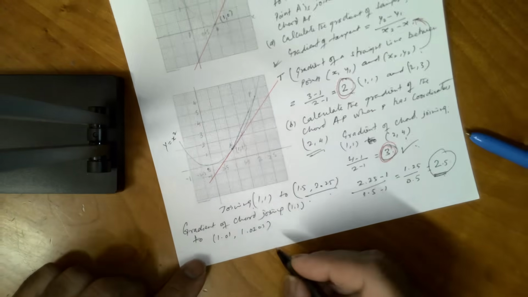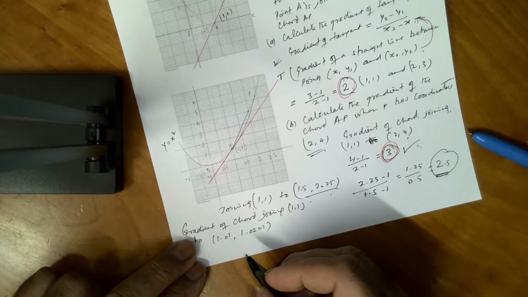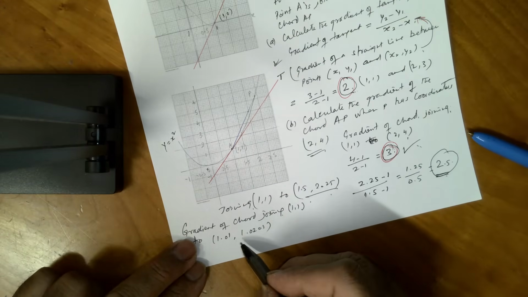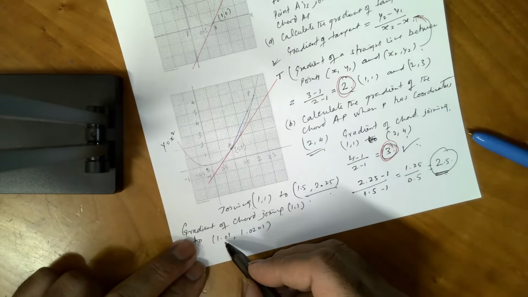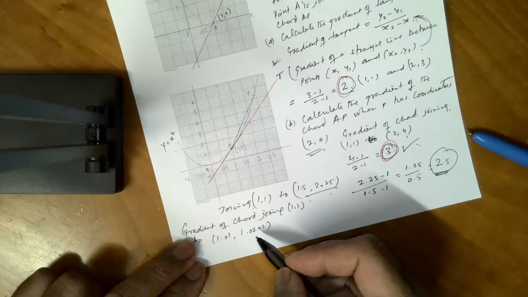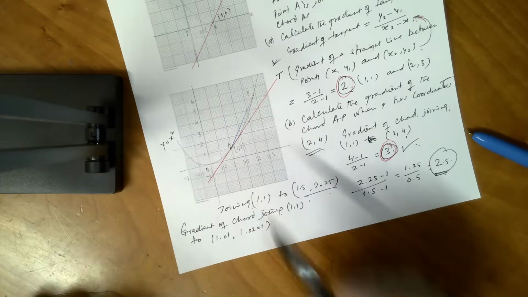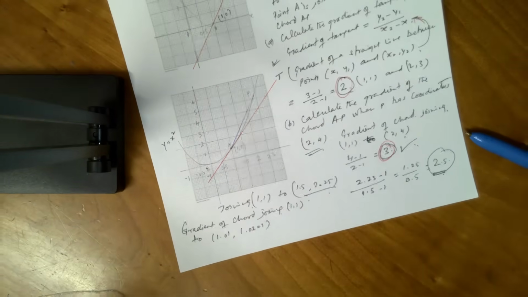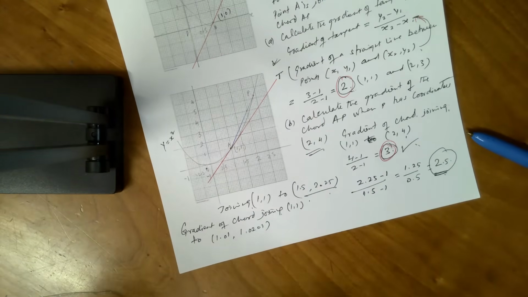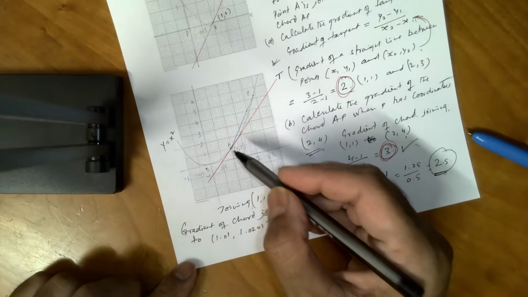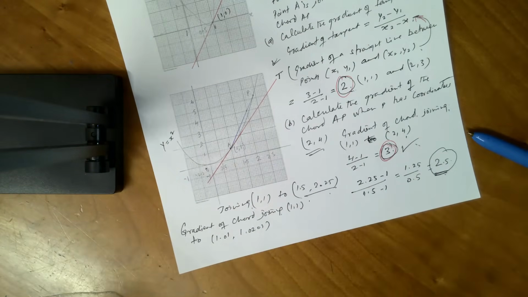Now you will see the point is very close to 1, 1. With 1.01 and 1.0201, you're almost there. It's a very small distance, sometimes not really easily seeable with your eyes here.